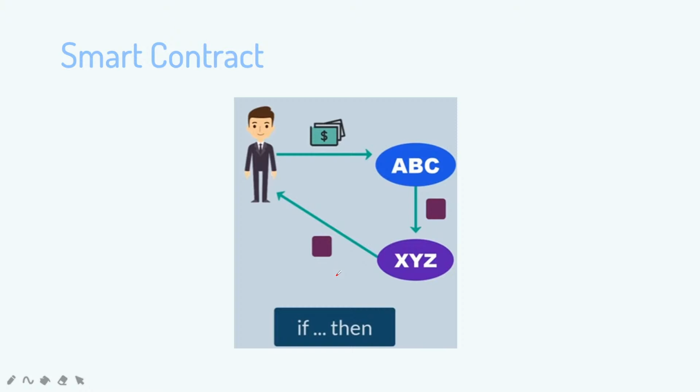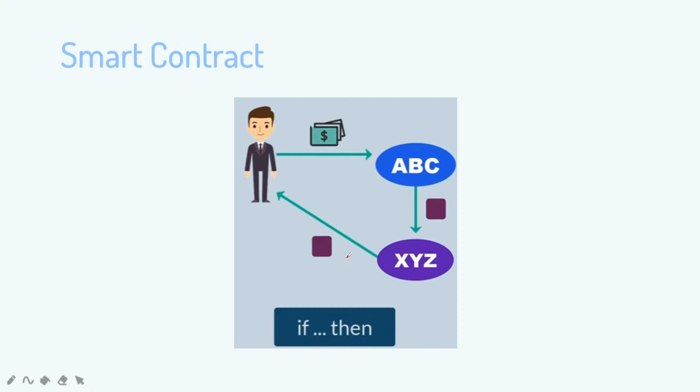Okay, so the smart contract technique is nothing but, for example, whenever you need to buy any product from XYZ company, first of all you need to pay the amount to an authorized organization, that is ABC.